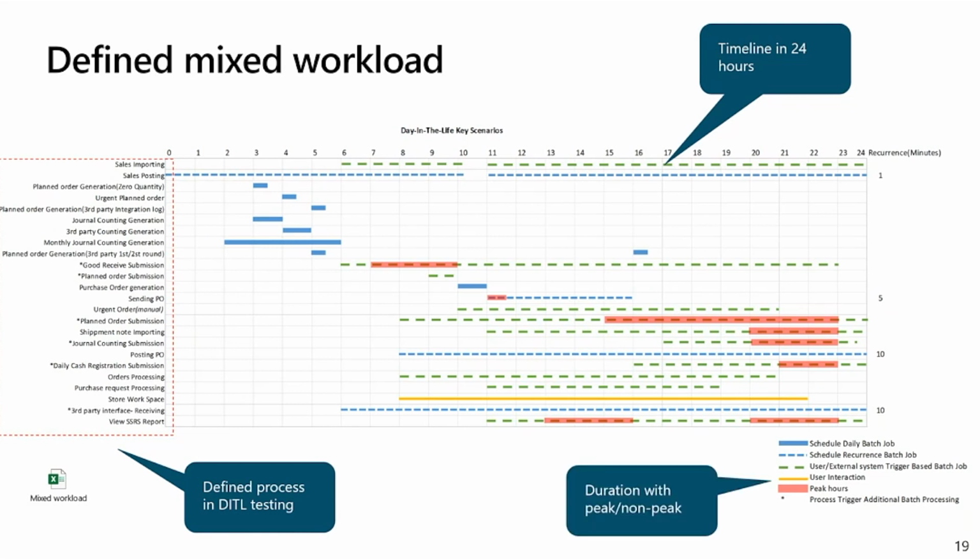And then in the chart, there are different colors in the chart bars. I have to define the timeline for each process, and the process may be a batch job, a recurring batch job, or user interactive. So for example, the last scenario on the left-hand side, I have SSRS reporting in the list.